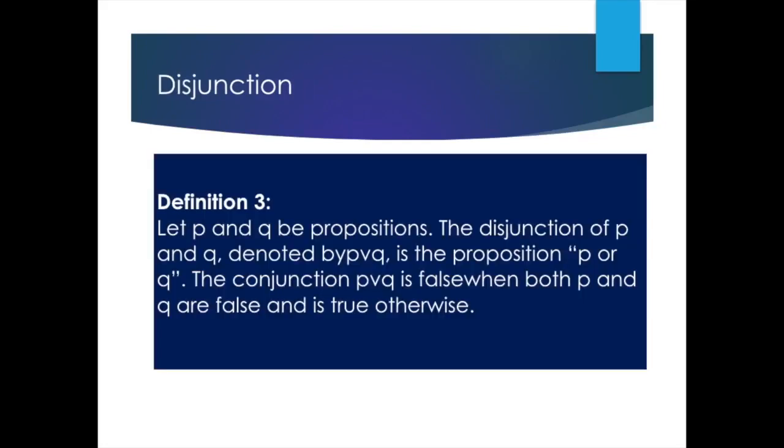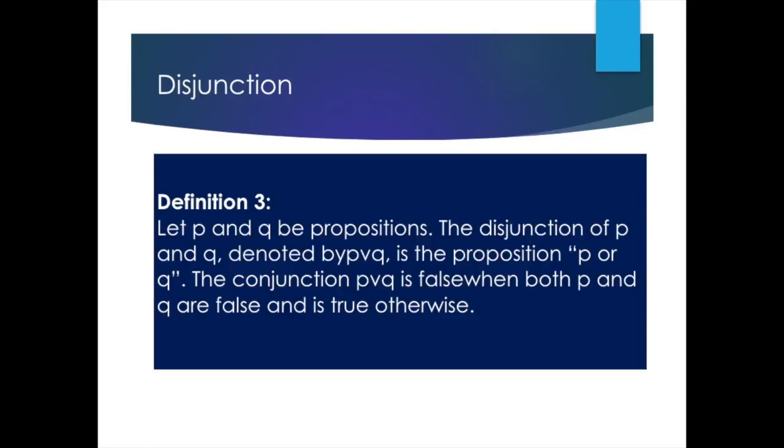Now, the second foundation that we can use to build a proposition is the disjunction, which is the OR, guys. Don't let the names mislead you. When you have P and Q, both propositions, the disjunction of P and Q, denoted by P or Q, is false when both P and Q are false and true otherwise.